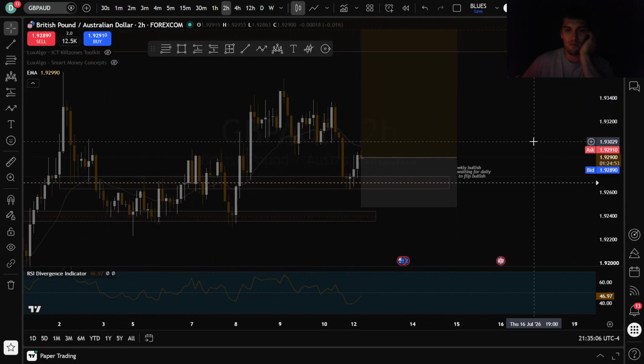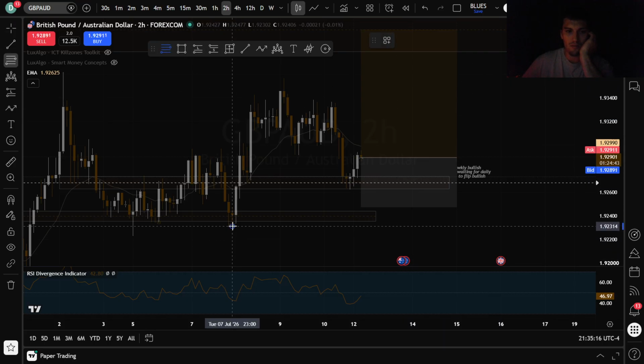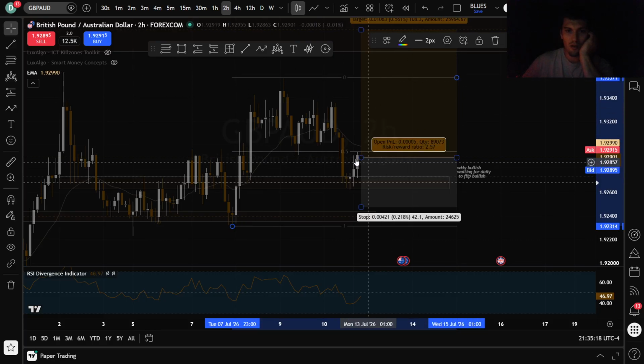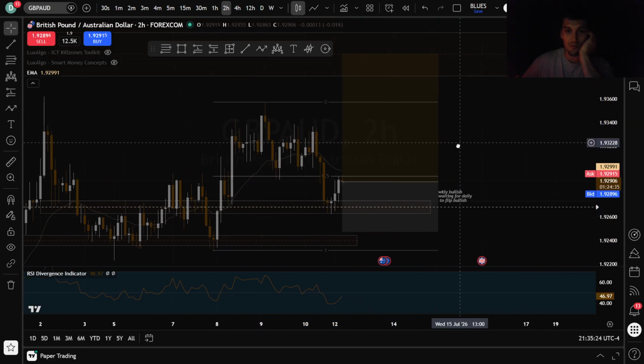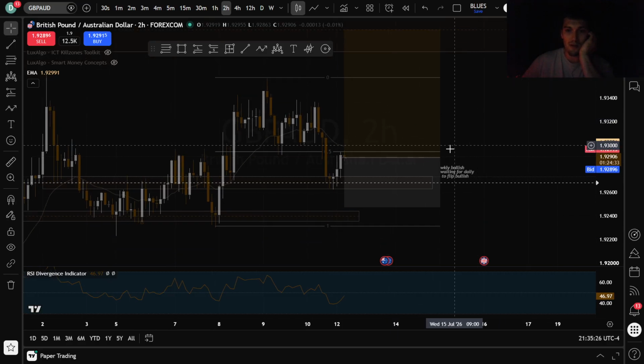The 2-hour looks very good because we went doji, doji, engulfing up. But if we look from this low to this high, we are still underneath the 50% threshold, and we are underneath 50% right there as well, meaning that this has very much upside.